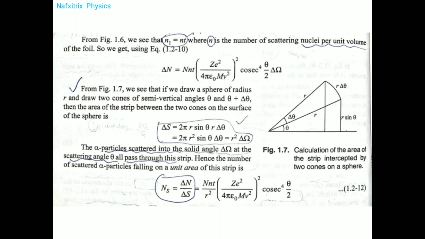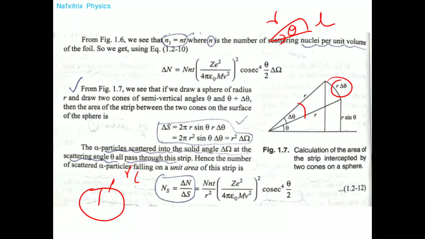And next, we know that for the length of an arc of a circle of radius r and angle theta, theta equals l by r, so l is nothing but r theta. So here also r into delta theta is the arc length. Here we have a circle of radius r sine theta, and here r delta theta.